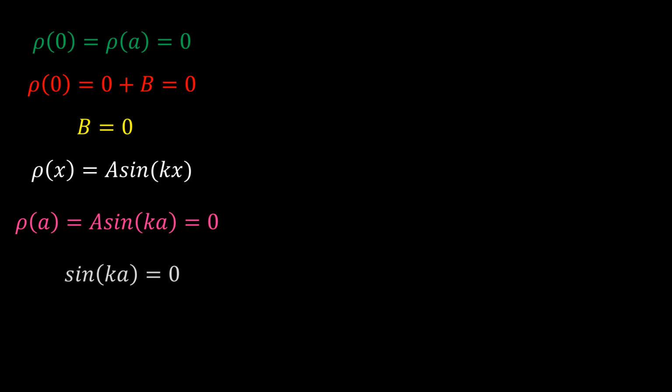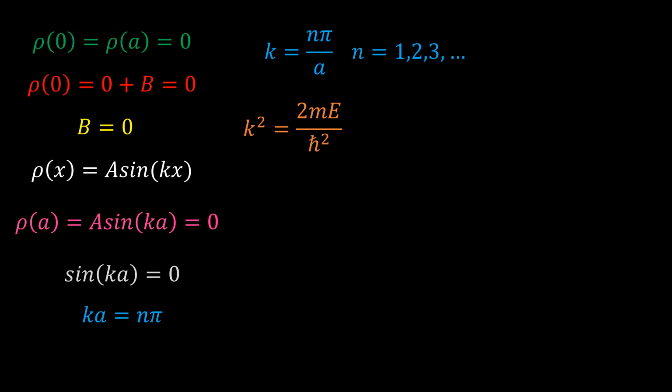The general solution to this problem is ka equal to n pi. Therefore, k is equal to n pi on a, where n is an integer. Remember that we have already seen that k squared is equal to this. So, subbing in this new expression for k yields this.